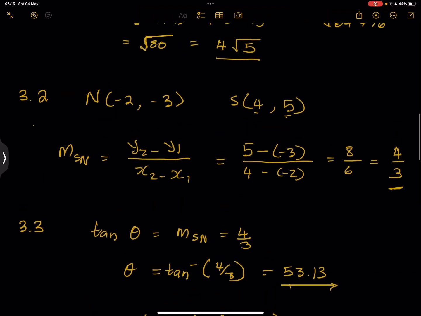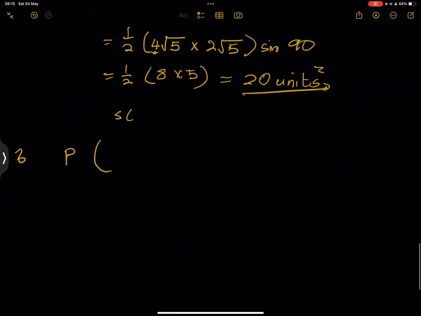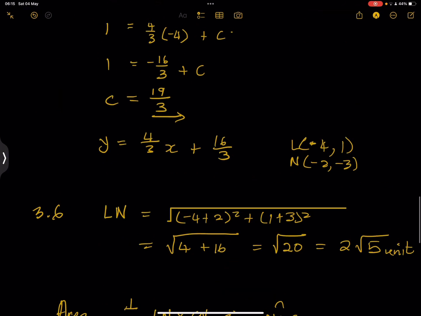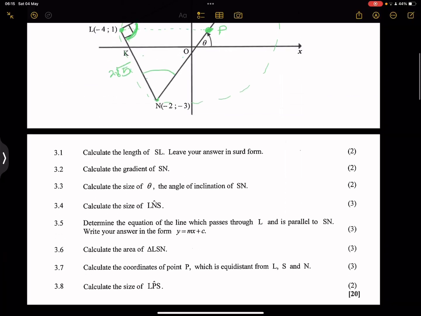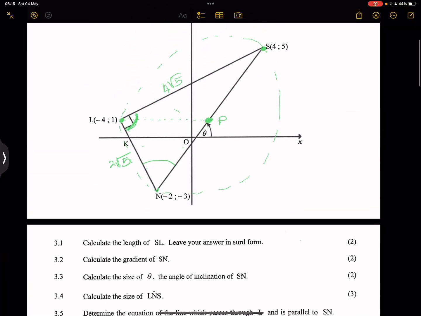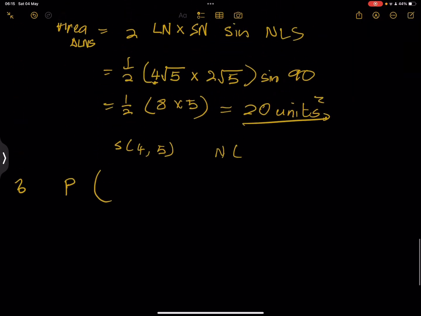So we said the coordinates of S are 4 and 5. And we said this is N, and the coordinates of N, let me go back there, are -2 and -3.